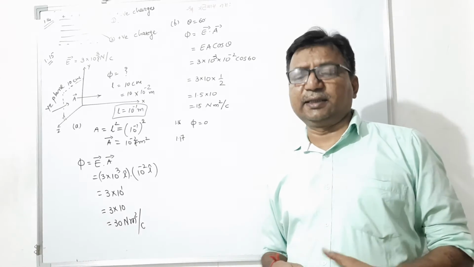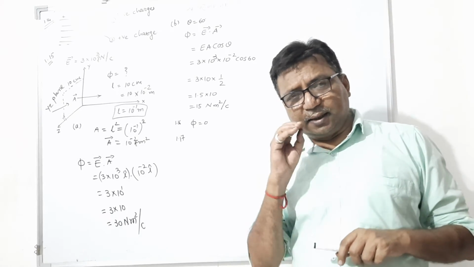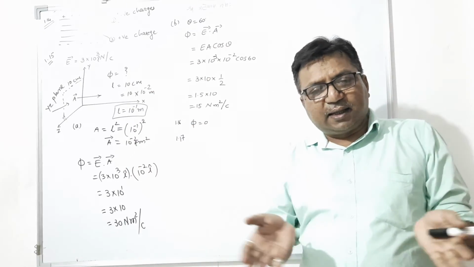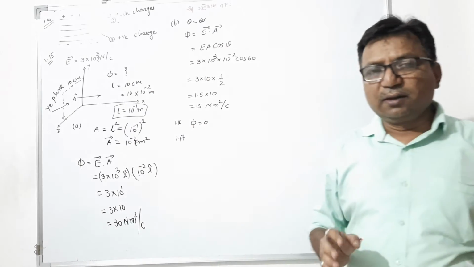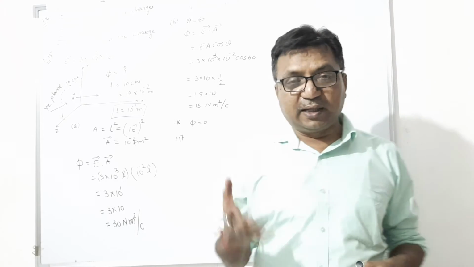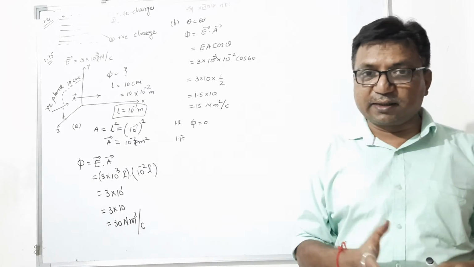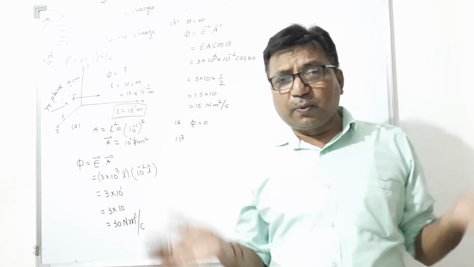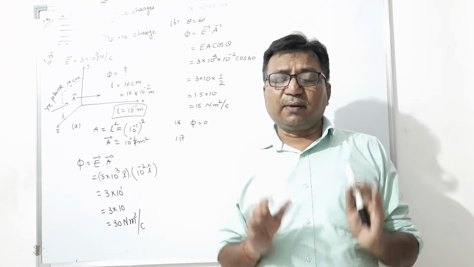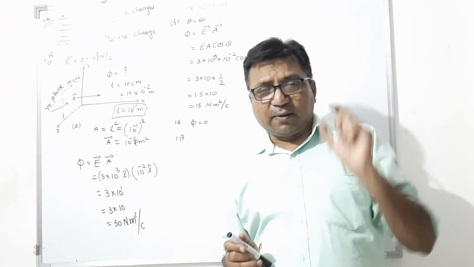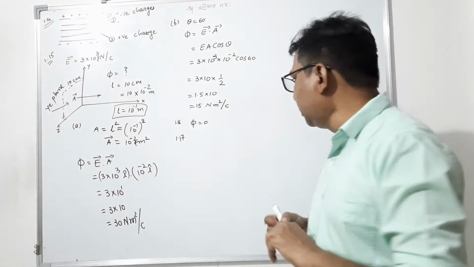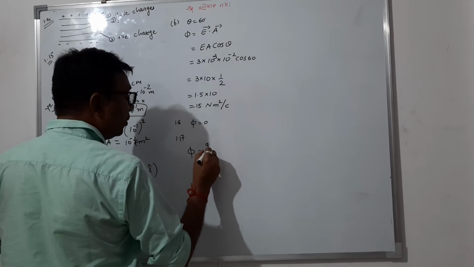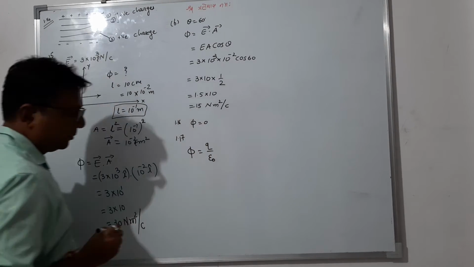Gauss law says, if any electric charge is covered with any kind of cube or sphere or spherical shell or cuboid, any closed body which covers the charge, then the flux must be Q upon epsilon 0.